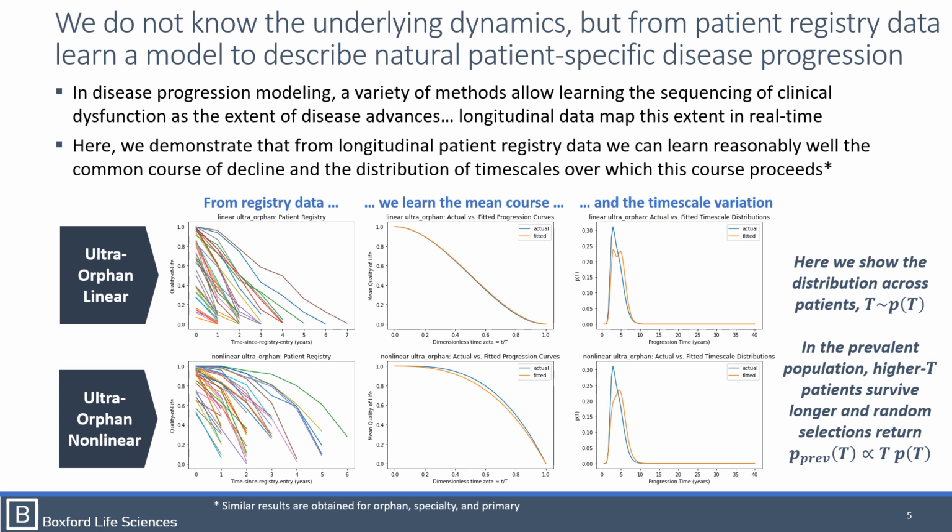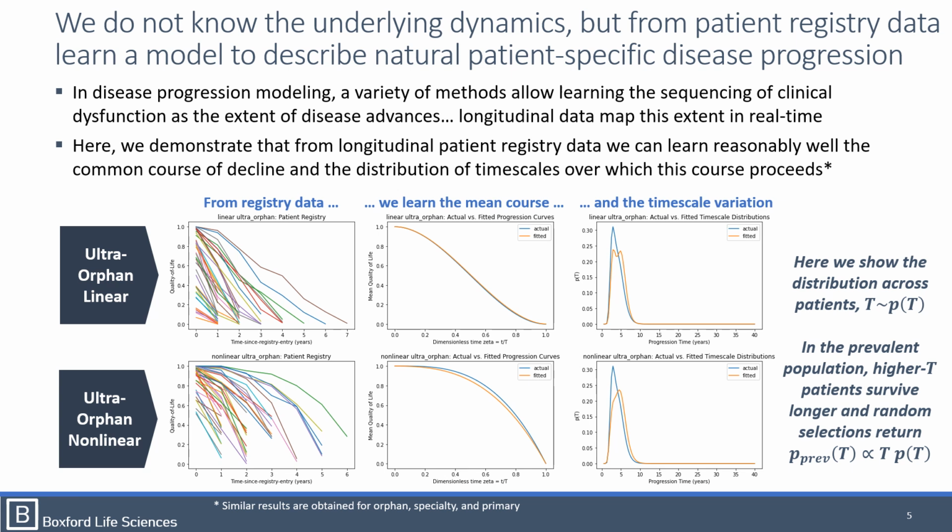At bottom, we see for ultra-orphan linear and nonlinear disease, example synthetic registry data here for 50 patients each, being followed up to 10 years at random time since onset or until death. What we do is we take that registry data and we take the general form of the disease model that we just outlined, and we have to relearn the shape of progression and the distribution of timescales across patients in order to match the registry data.